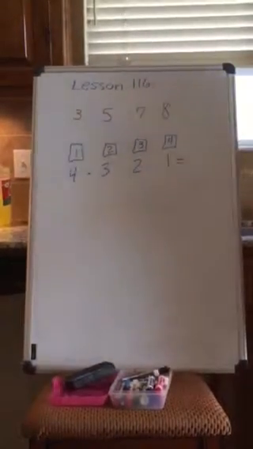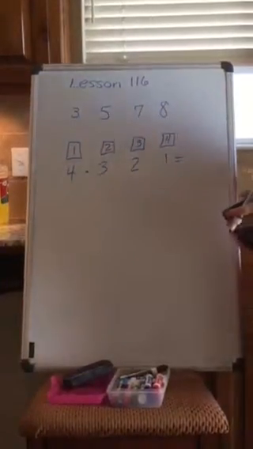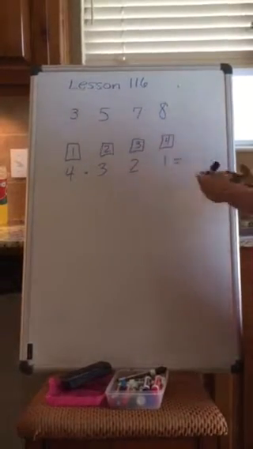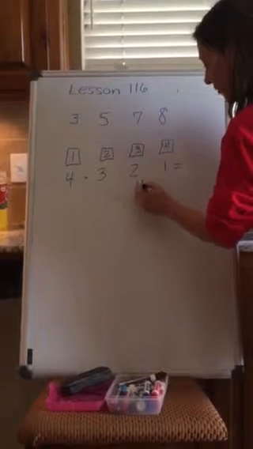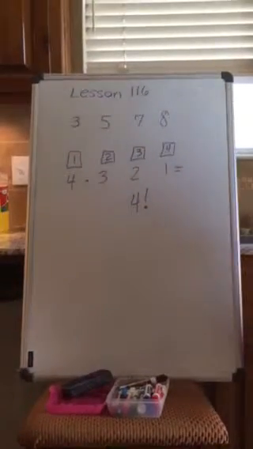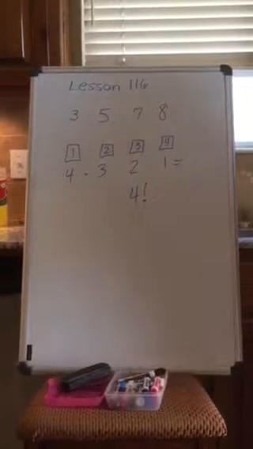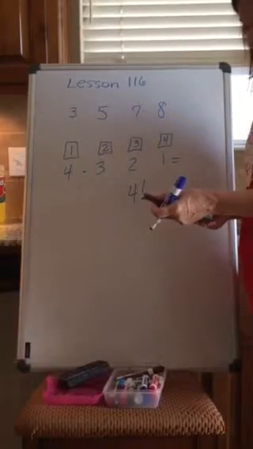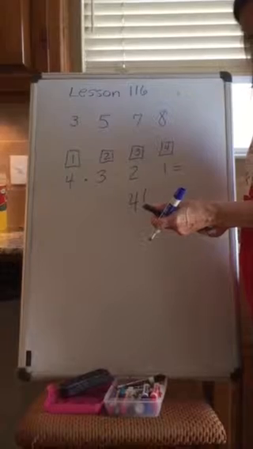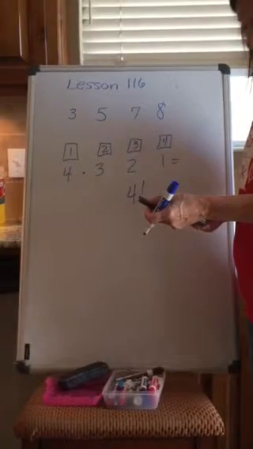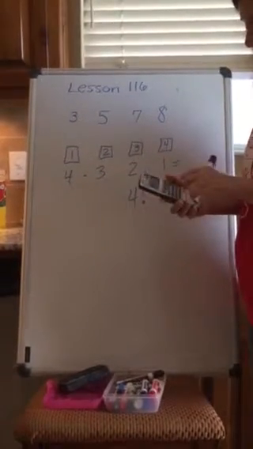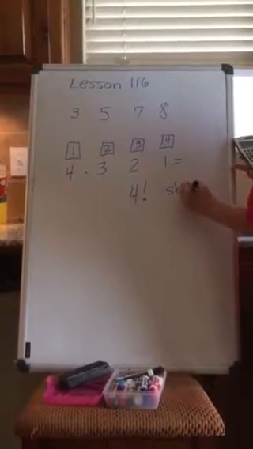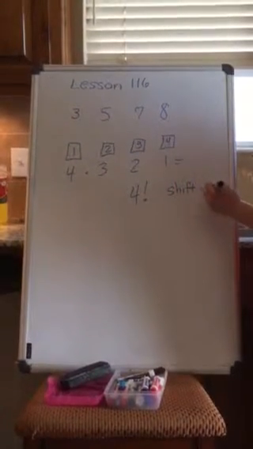Actually, you can do this on your calculator. In your calculator, it's 4 with an asterisk, which means 4 factorial. Factorial is on your calculator, it's shift x to the -1.